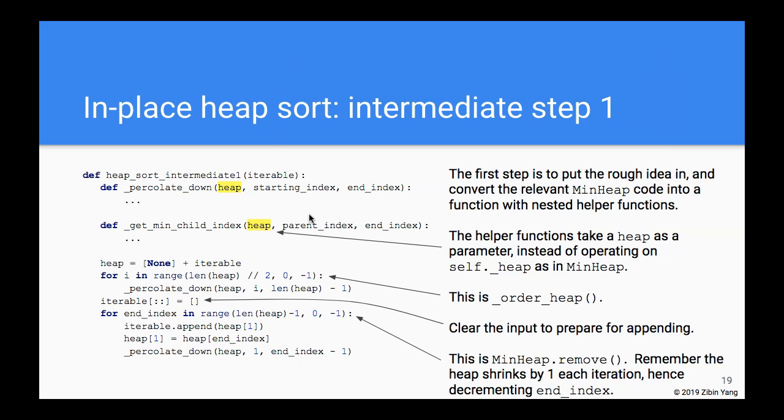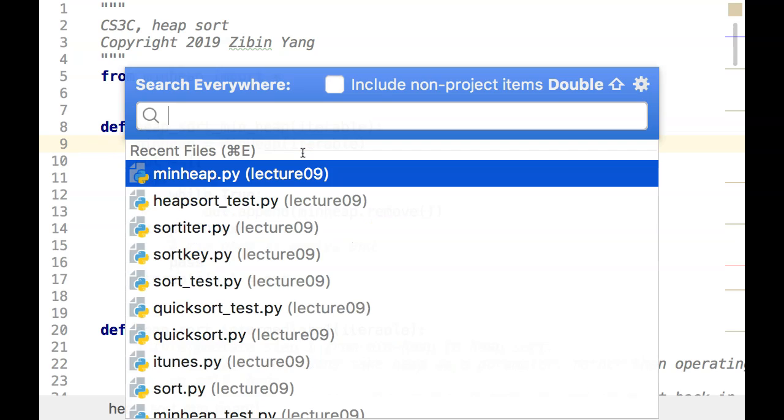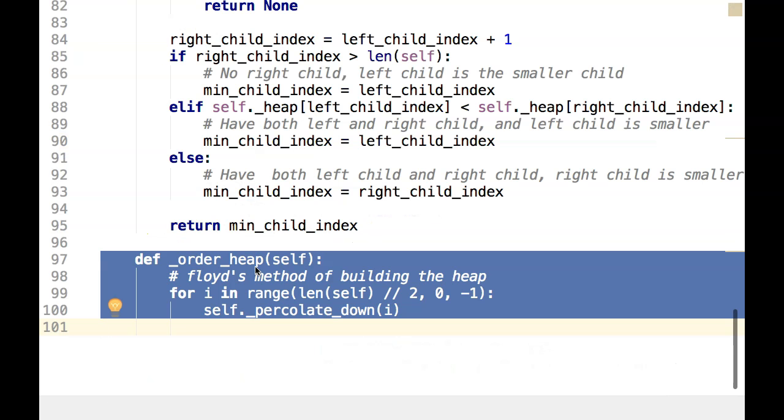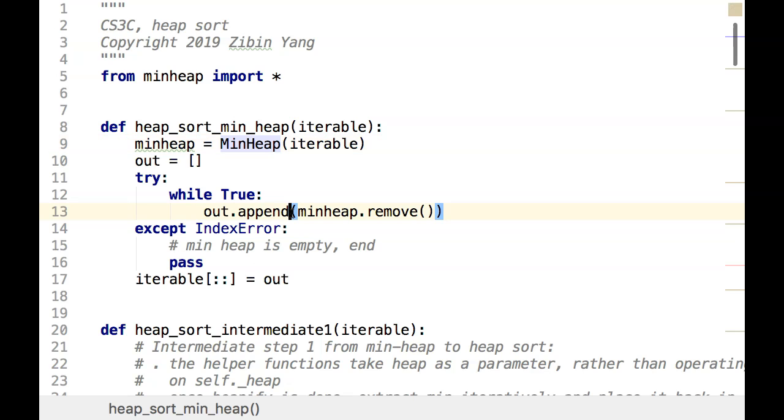Now, a couple of the things that the heap sort min does: the first thing it does is construct a min heap from the input. That basically just involves doing the order heap operation. And then the second thing it does is the remove, or extract min.